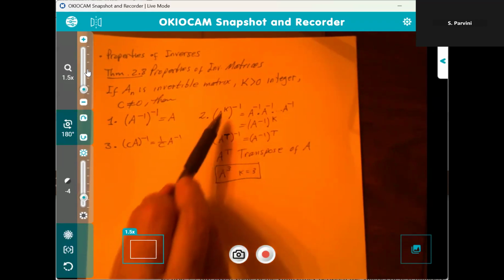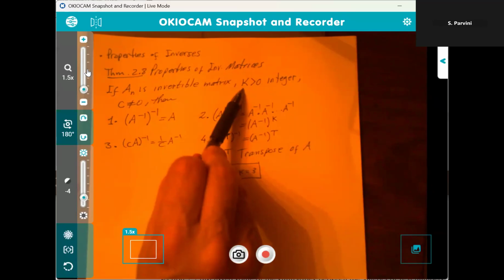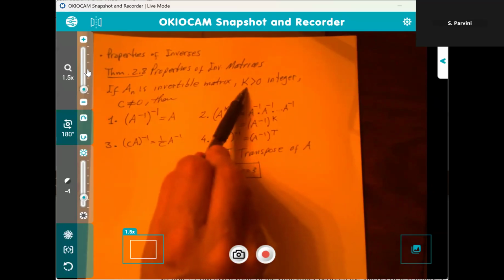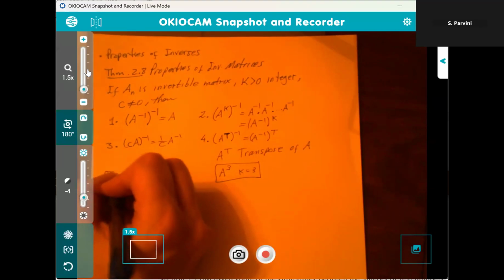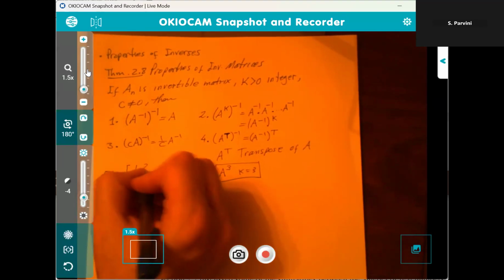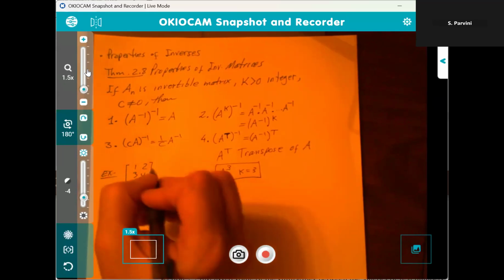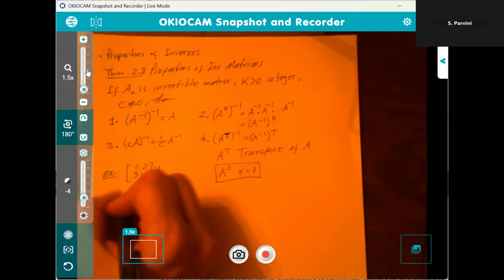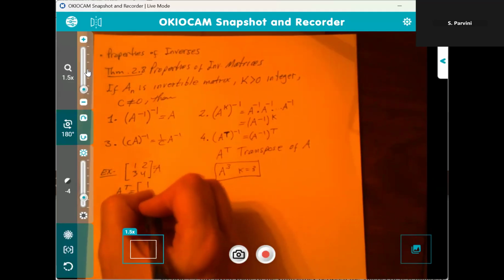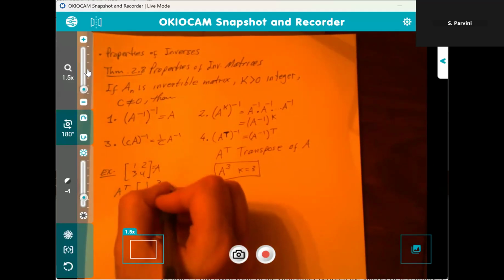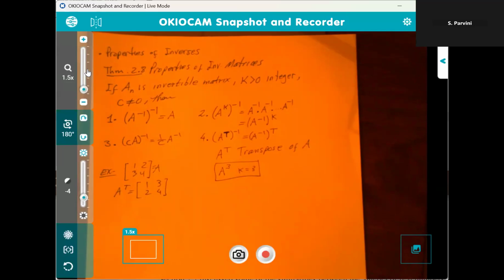So that's the role k plays. k is a positive integer here. T is transpose. Remember, for example, suppose I have 1, 2, 3, 4. This is A. A transpose is when you switch the rows and columns. Rows become columns. So there you go. That's A transpose.